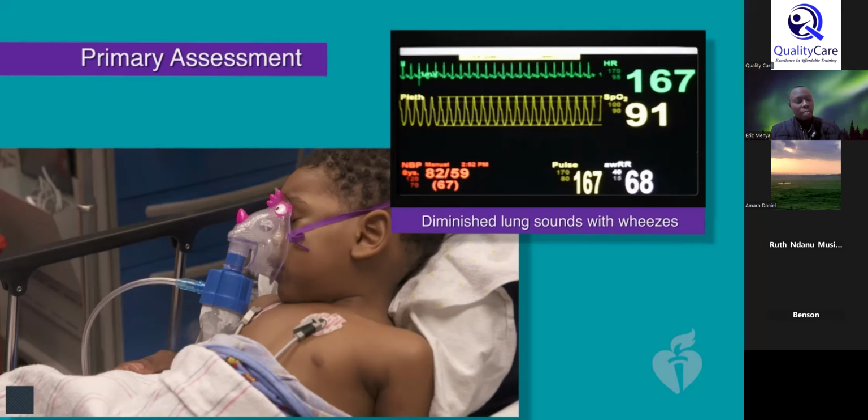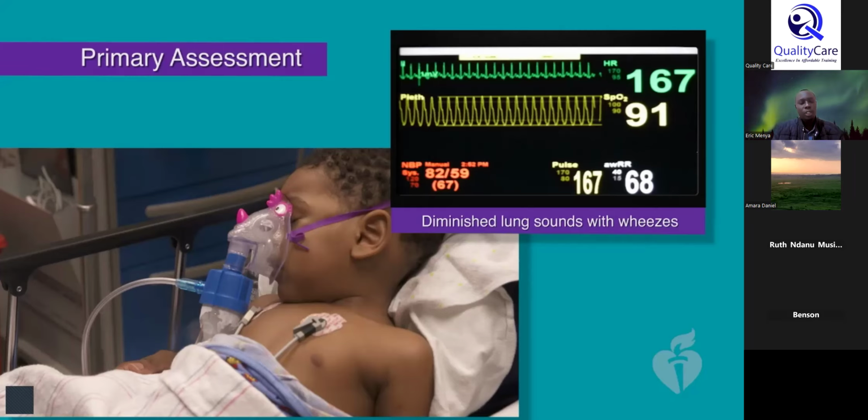Is that adequate? As we said previously, we aim for hyperoxia rather than staying on the borderline, so I'd prefer them to be above 94%. So you'd want to increase the flow rate of your oxygen.